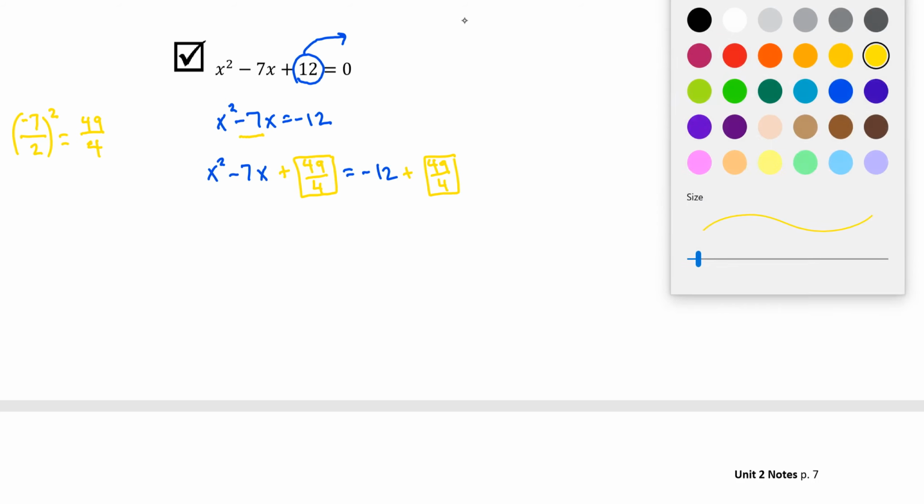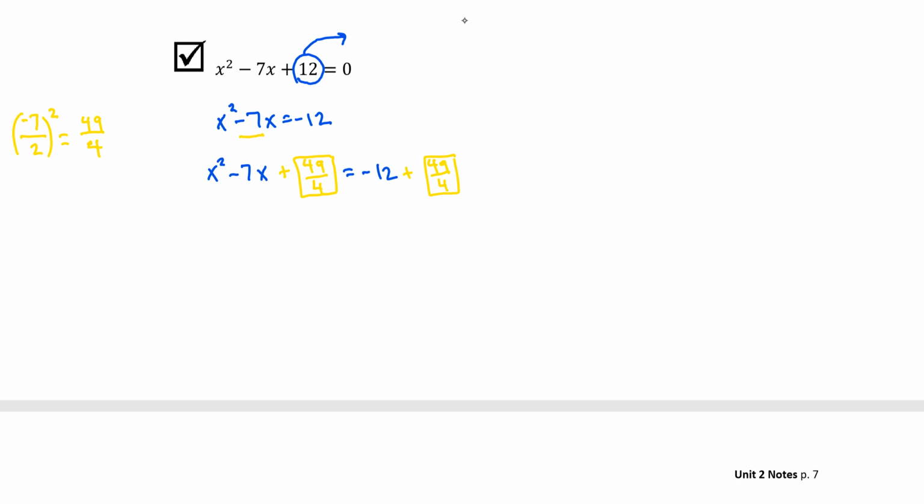Okay, once we have found that value, then our goal is to factor it. And you may be rusty on factoring and you think, how in the world am I going to factor with a fraction? No big deal. Remember, we made that a perfect square trinomial. So we know ahead of time it's going to be something squared, right? The first term in our binomial is the square root of the first term in our trinomial.